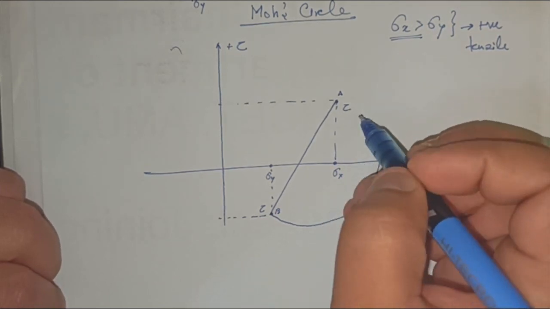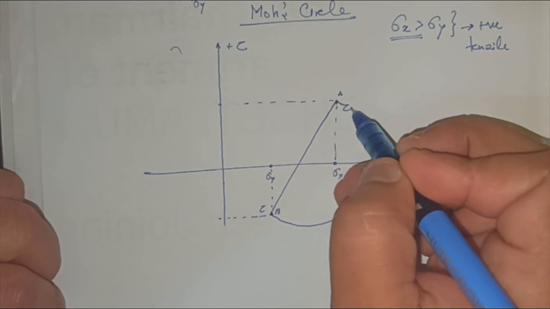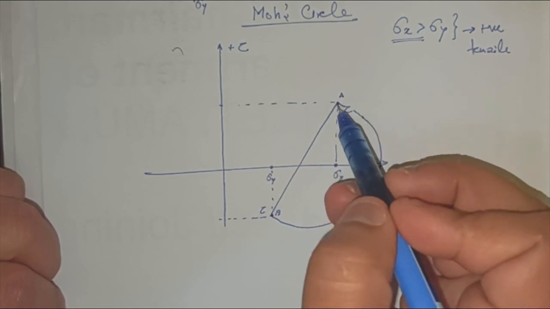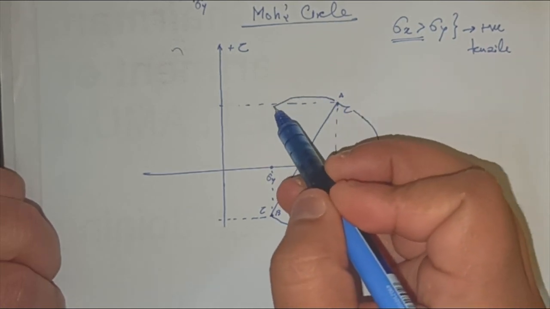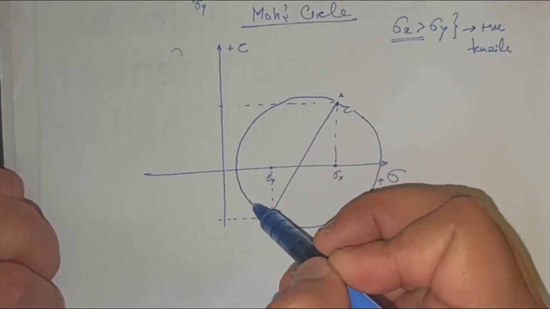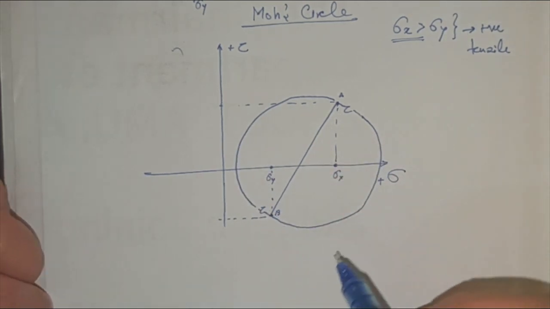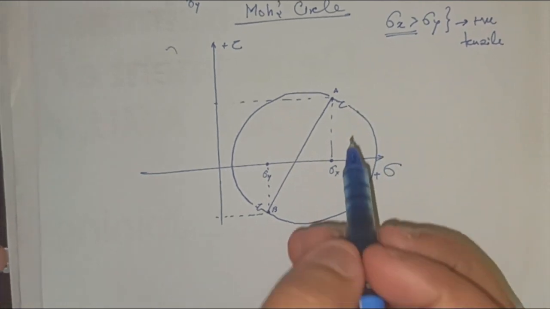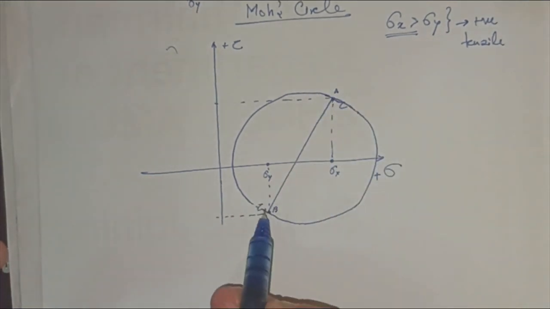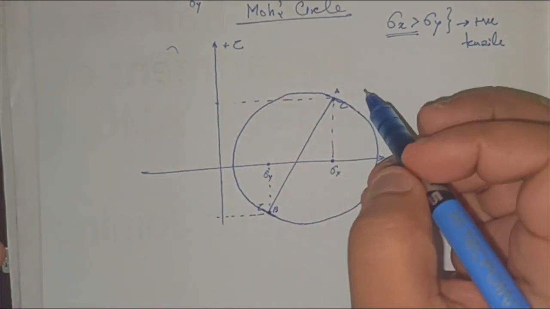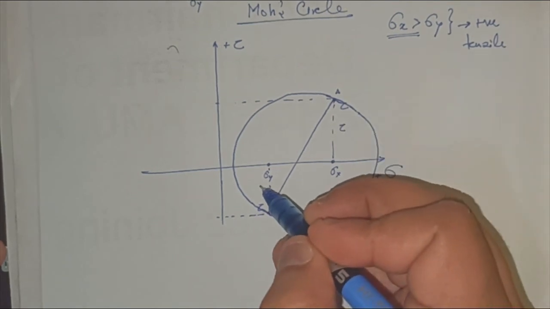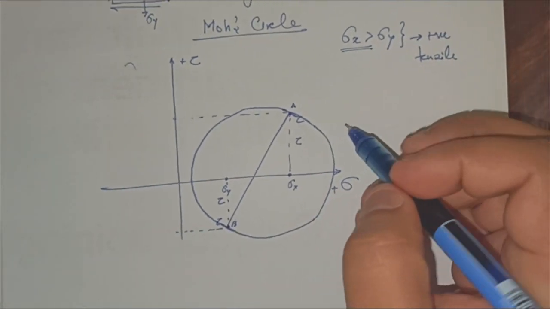My circle will not be exact, but let's bear with me. I'm drawing it by gesture of hand. So let's consider this is my circle. So this circle will be called Mohr's circle.